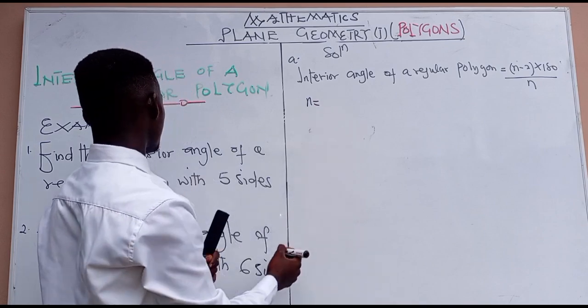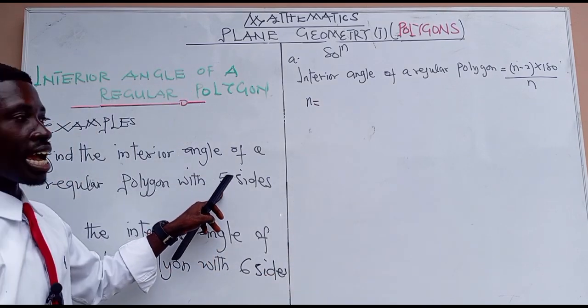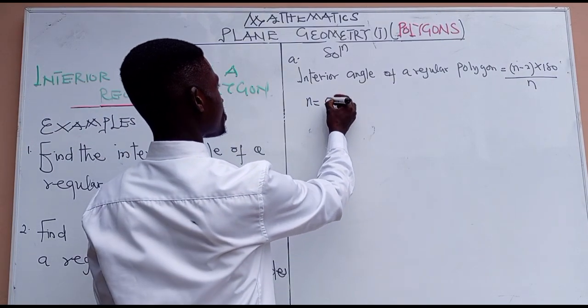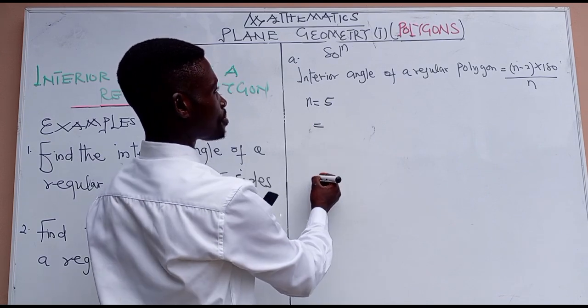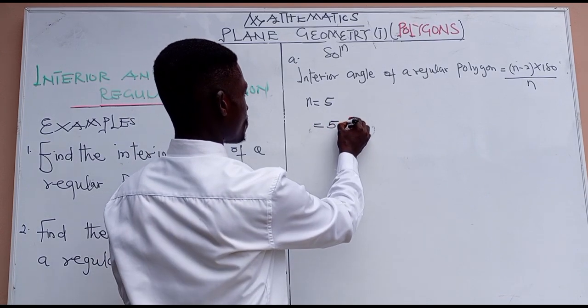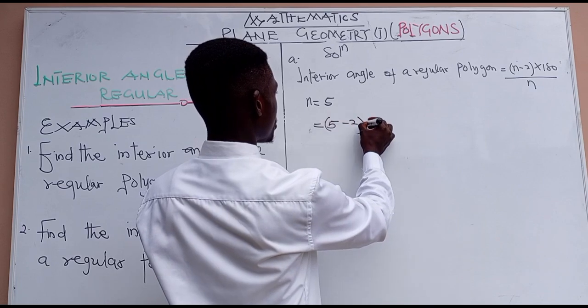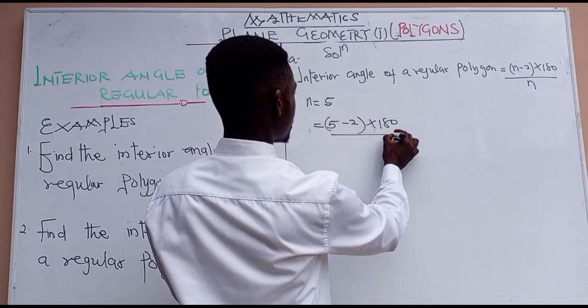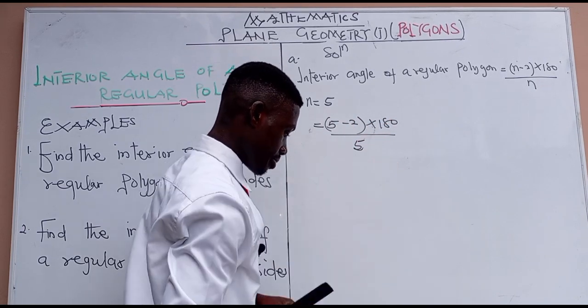So here our n is what? 5 sides. So we have our n to be 5. So we are going to get 5 minus 2 times 180 divided by 5.